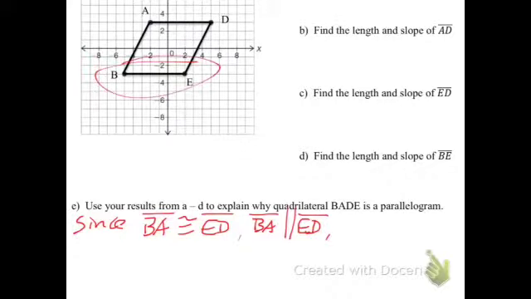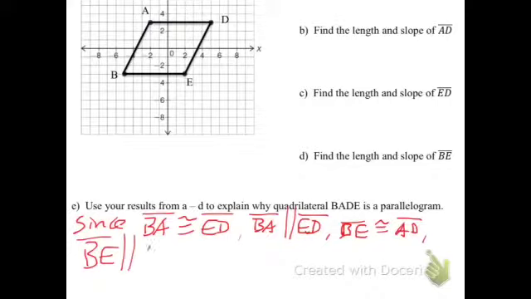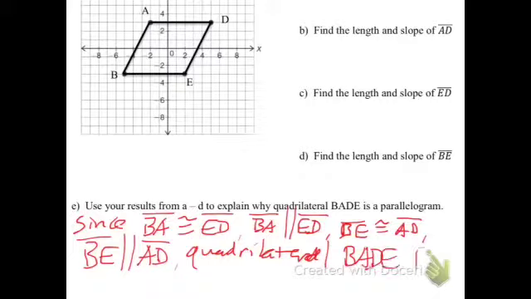And the same thing about the other two sides there. BE is congruent to AD. And side BE is parallel to AD. This quadrilateral BADE is a parallelogram.